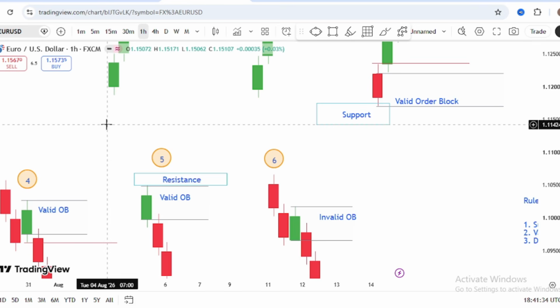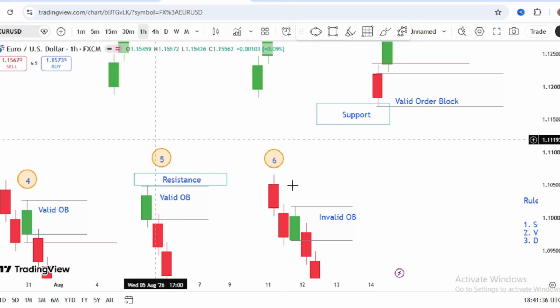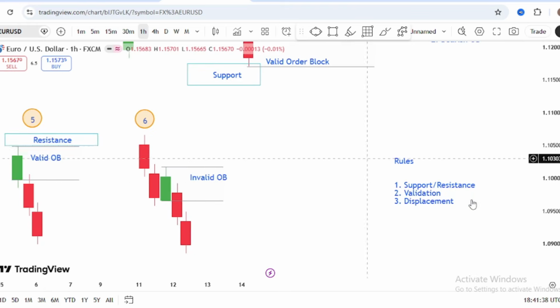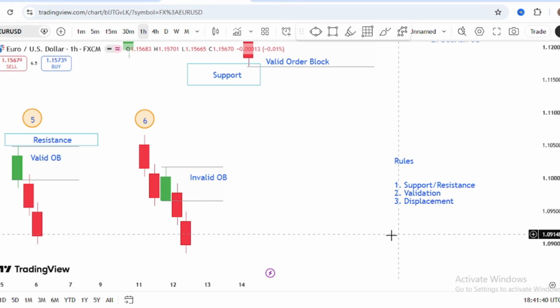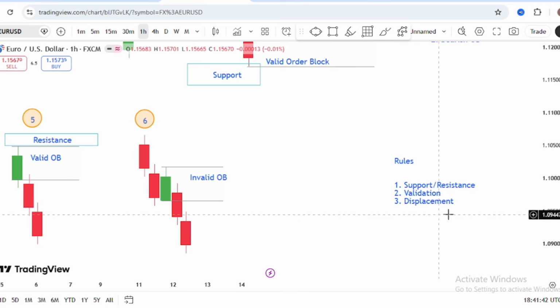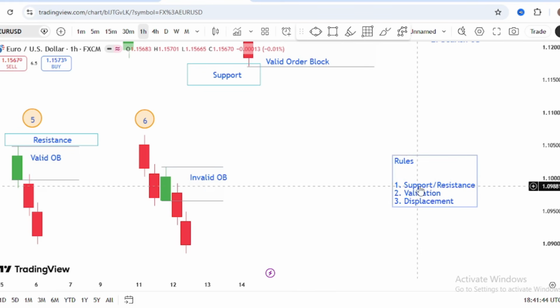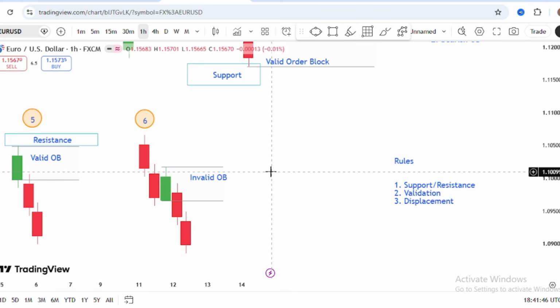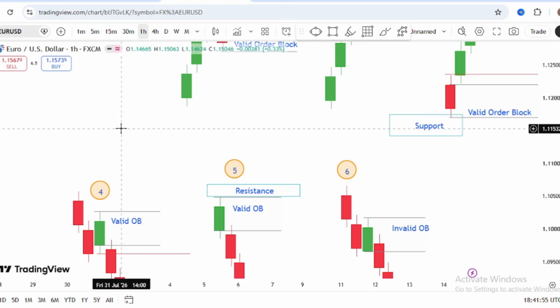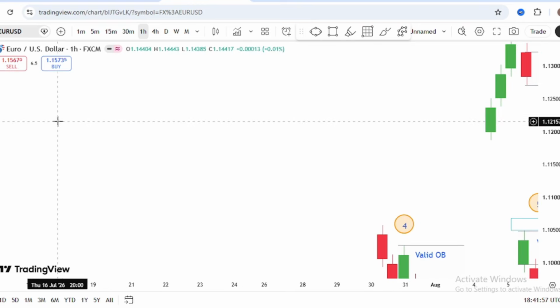There are just three rules here: support or resistance, validation, and displacement. So for bullish order block, we are looking at support level, and for bearish order block, we are looking at resistance level. So let's go to chart and identify valid and invalid order blocks.